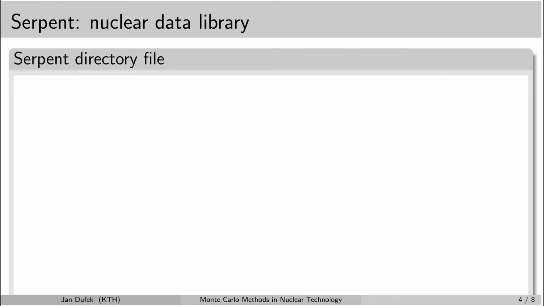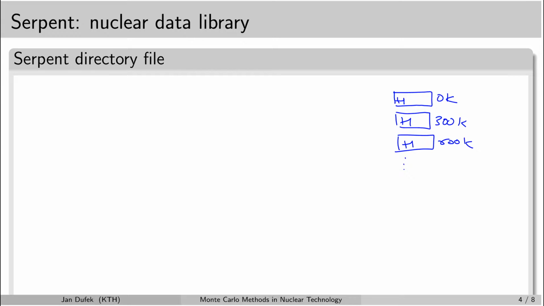So we have one file for hydrogen at a specific temperature, let's say 0 Kelvin. Then we have another file for hydrogen at, let's say, 300 kelvins. And then we have hydrogen for 600 kelvins.